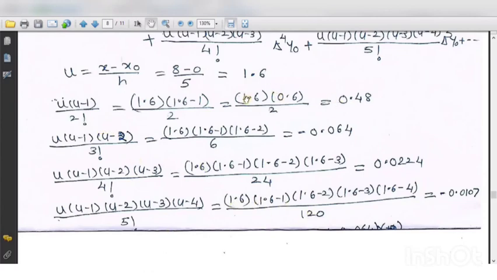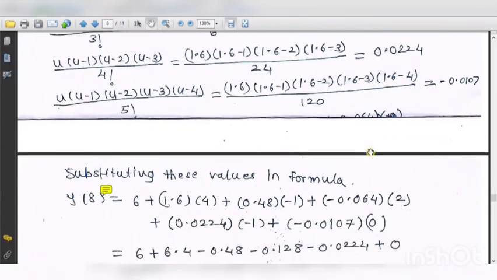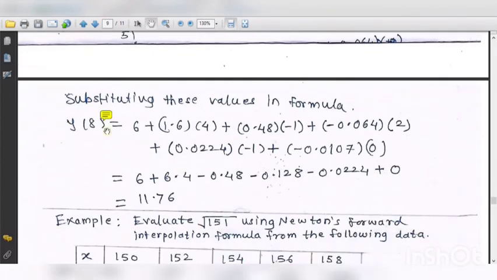So here I have calculated all the values. So u equals 1.6, then the second value is 0.48, and in this way. You have to take care of the signs, whether it is minus or plus, otherwise your final answer will be wrong. Now substitute all these values in this formula. Again, I am showing this formula here in the box. Here we have all the values of the forward differences.